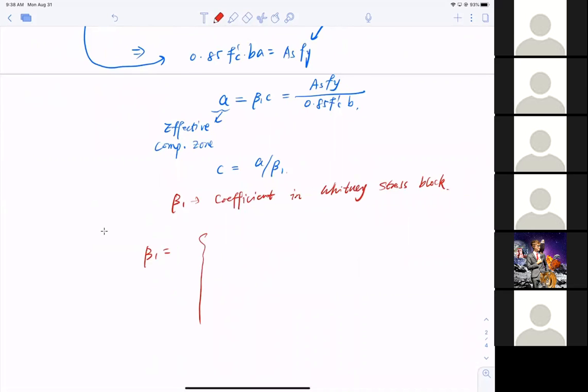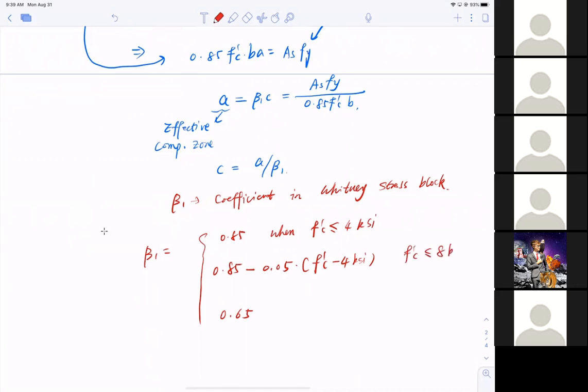Beta 1 equals 0.85 minus 0.05 multiplied by f'c minus 4 ksi, when f'c is between 4 ksi and 8 ksi, and beta 1 equals 0.65 when f'c is bigger than 8 ksi.